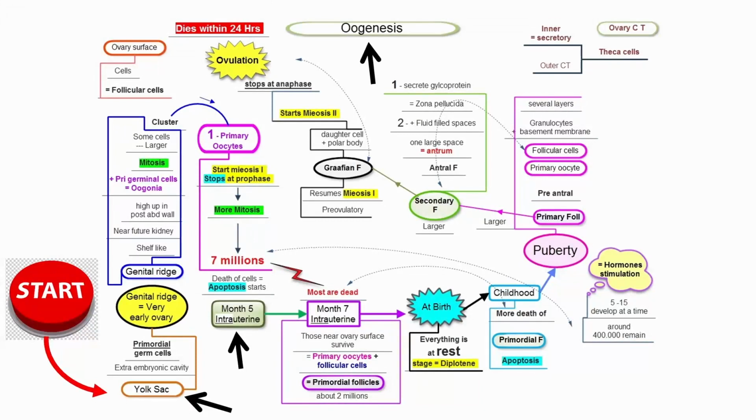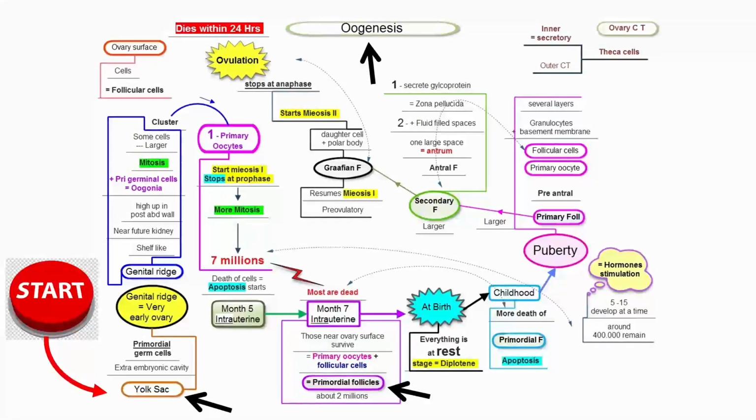During this age, most of the primary oocytes are dead, and by the 7th month, the number is reduced, and these structures are near the surface of the ovary.